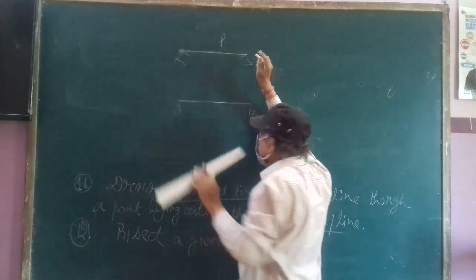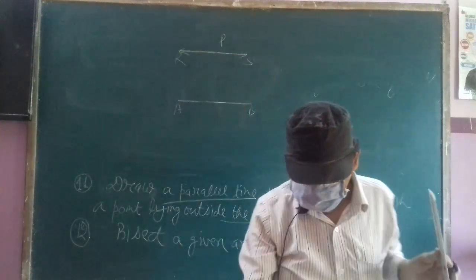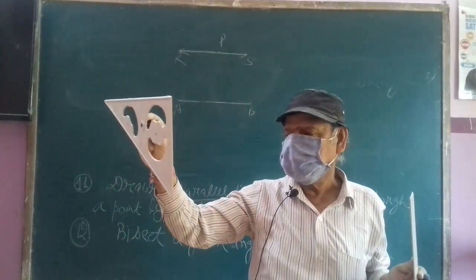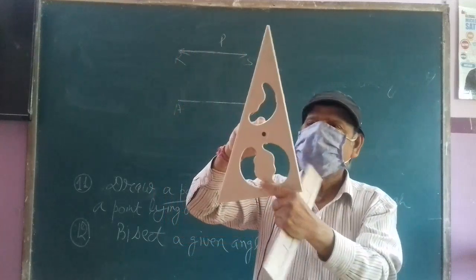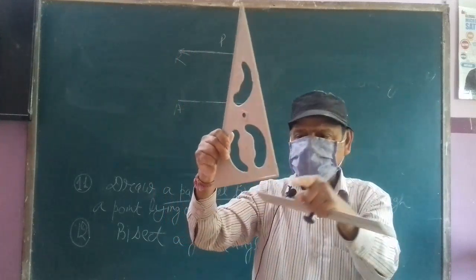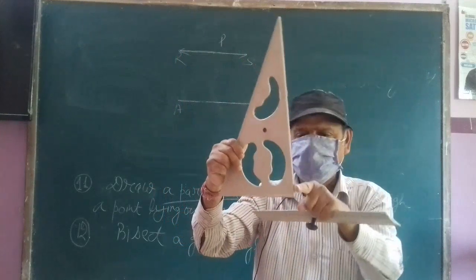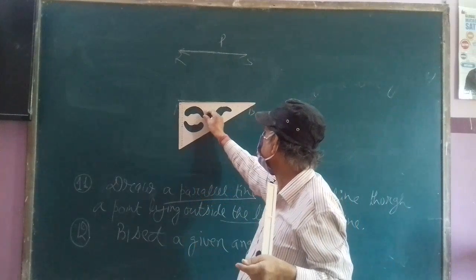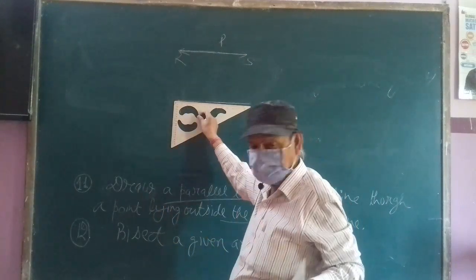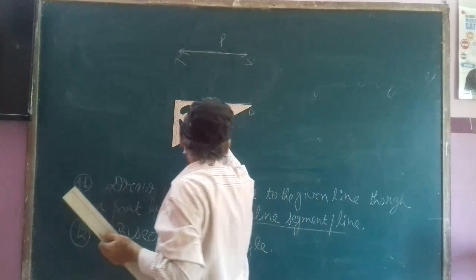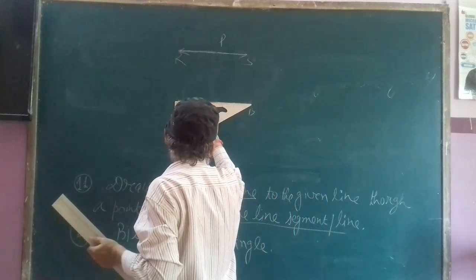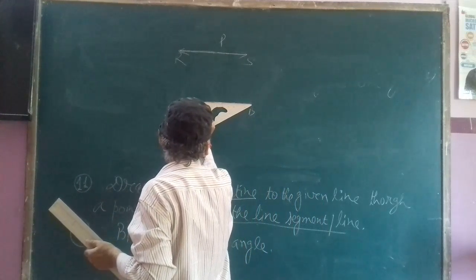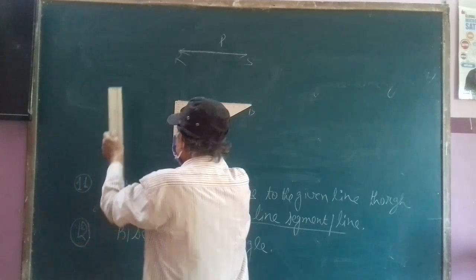Okay. Again I am doing it for you. Just take this one, the longer side, 90 degrees made by two sides, two arms. This arm is the longer arm, this one is the shorter arm. So place the longer arm along AB so that your line may be longer. Then firmly, very carefully, set it along this edge along AB.